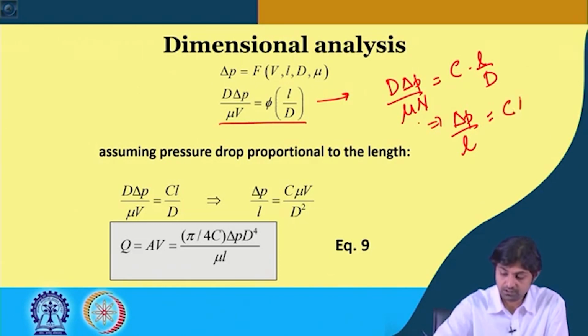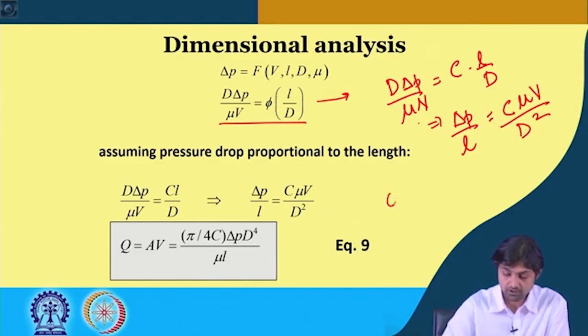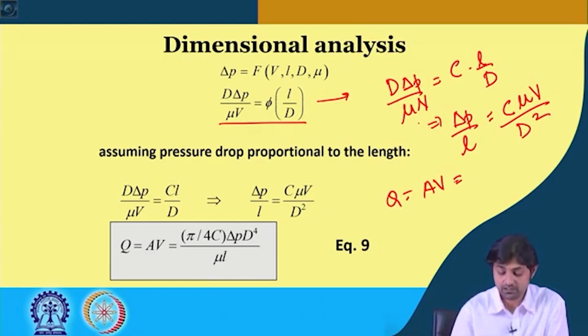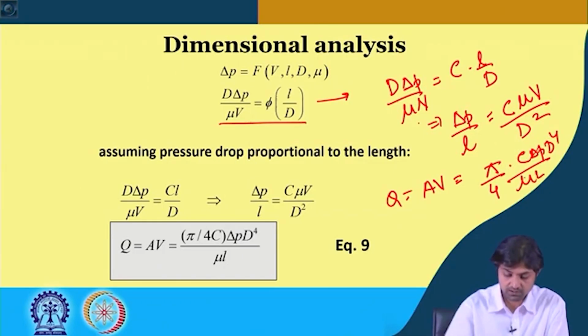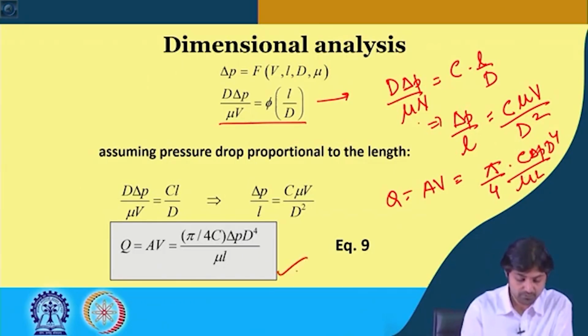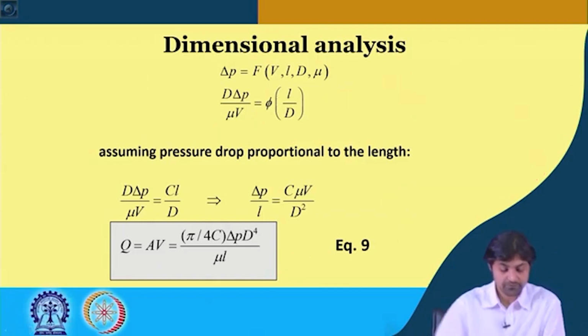It becomes C mu V by D square, or Q is equal to area into velocity. Area is pi by 4 D square, therefore we will get pi by 4 into C delta p D to the power 4 by mu L as this equation.